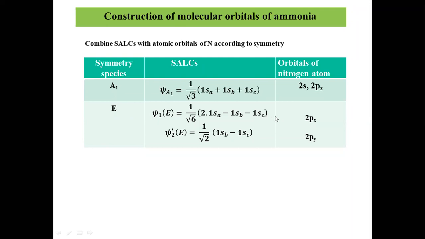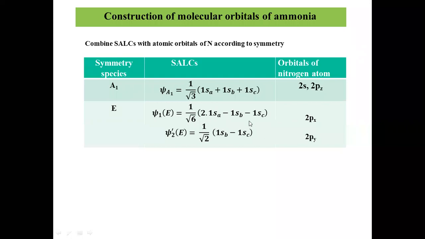So there are 2-3 things you have to remember. First thing is that they should belong to the same symmetry, right? Here they belong to the same symmetry. Second thing is that their energy has to be comparable. And third is also the diffuseness, how diffused they are. That's why we normally don't combine the 1s orbital with the 2p, right? So that is the reason.